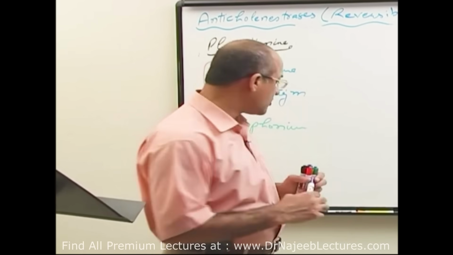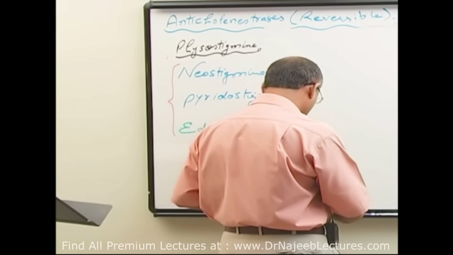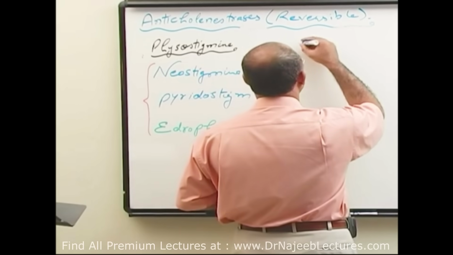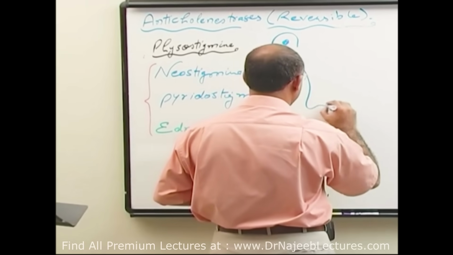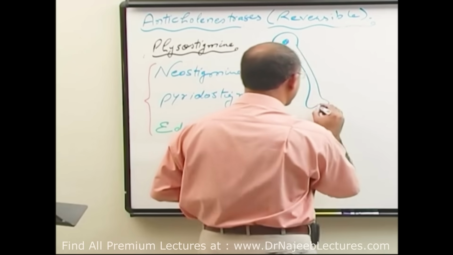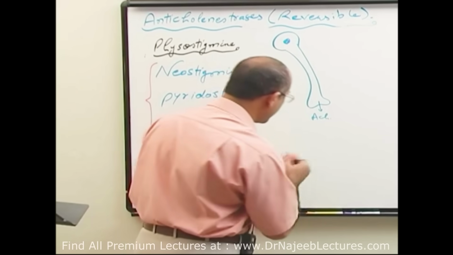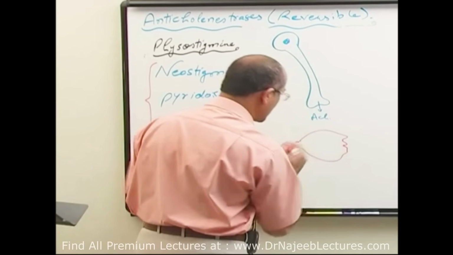What is a disease called myasthenia gravis? So let me tell you, let's suppose this is a nerve ending. This is alpha motor neuron and it is releasing here acetylcholine, and here is the neuromuscular junction.